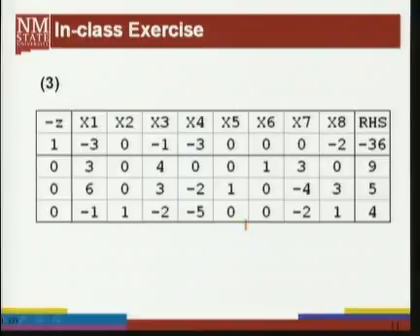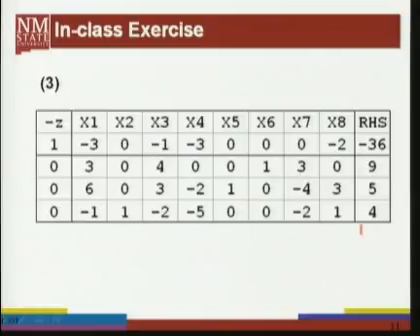Okay, then let's consider the third case. Is this an optimal table? Yes? Yes. Because there is no positive relative profit, right? So this is an optimal table. And then is this infeasible?